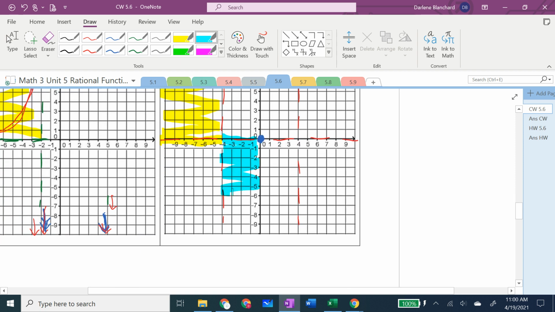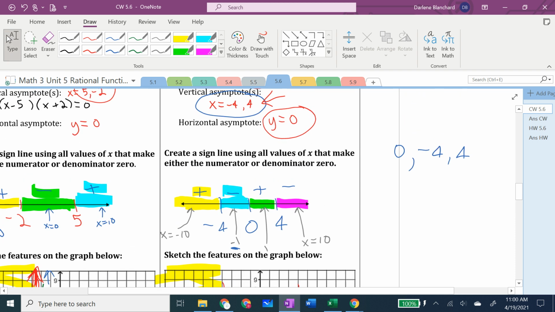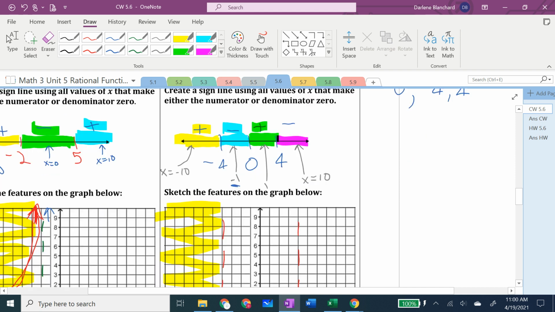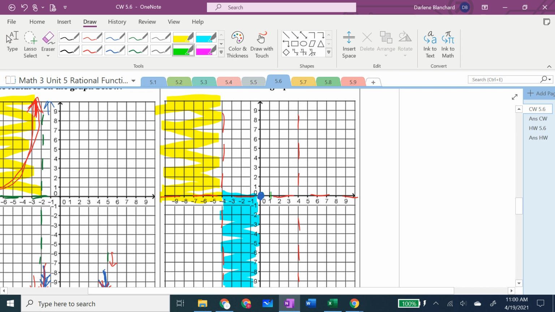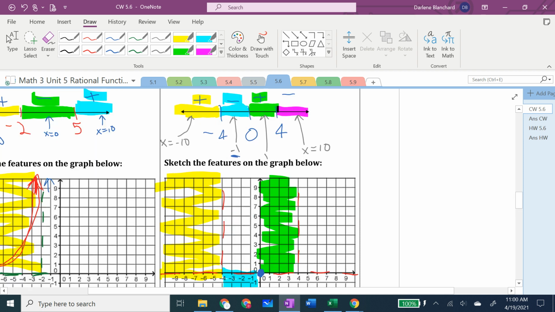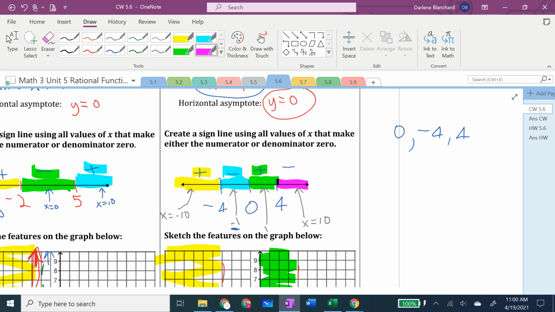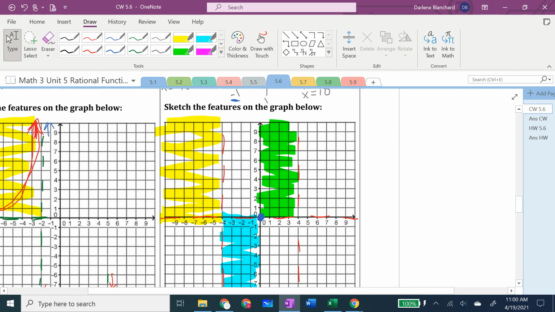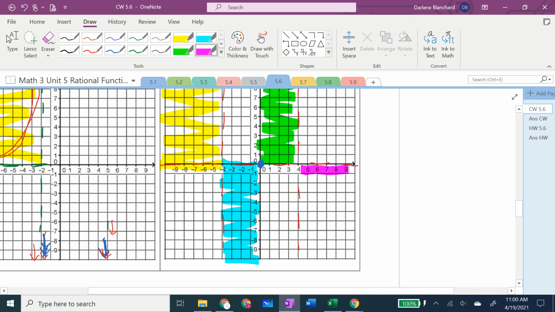I only exist down here. Then, when x is between 0 and 4, I am only positive above the x-axis. And finally, when x is larger than 4, I am under the x-axis only.